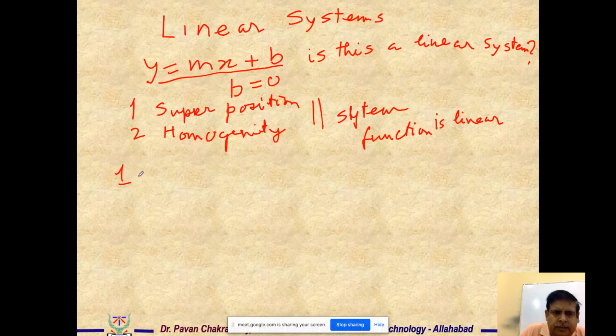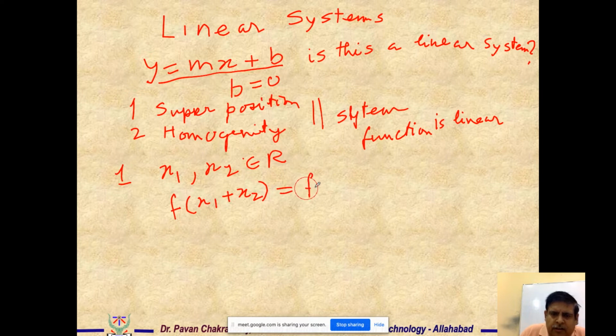Superposition is, if I go to condition 1, which is superposition, if I have a quantity x1 and a quantity x2 which is part of the group, then my function f of x1 plus x2 is equal to function of x1 plus function of x2.